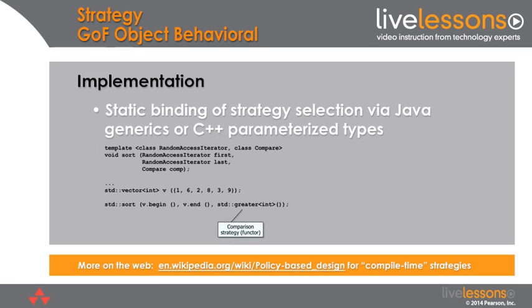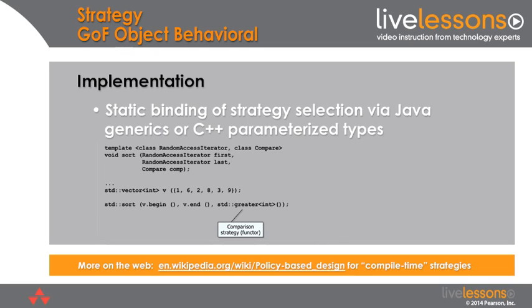Another consideration is whether or not to do all the selection of strategies in a dynamic way using inheritance and virtual functions or virtual methods versus more static binding using Java generics or C++ parameterized types. And there are obviously pros and cons of each way. If you read the Gang of Four book, you see they talk about some examples of using C++ parameterized types as an early binding or static binding variant of the strategy pattern. If you're a heavy user of generic programming in either Java or C++, this is actually probably a very common style.